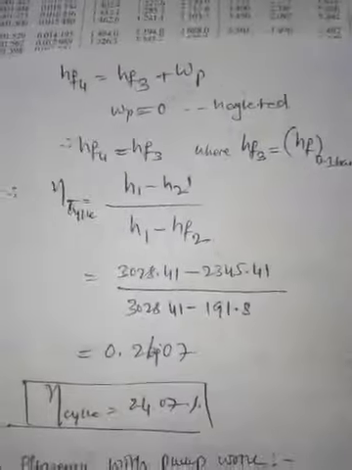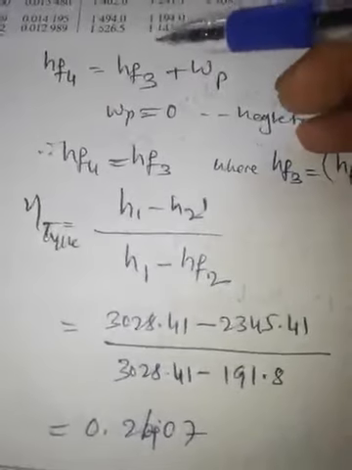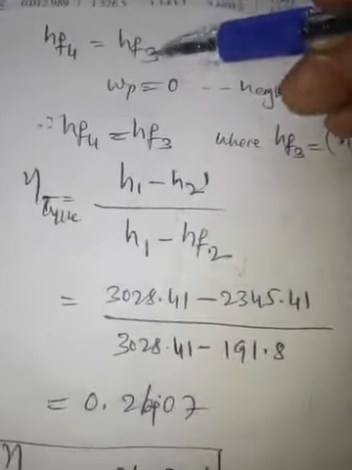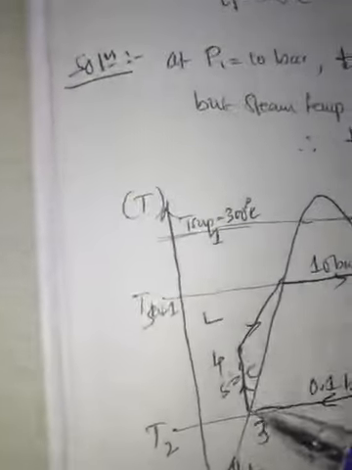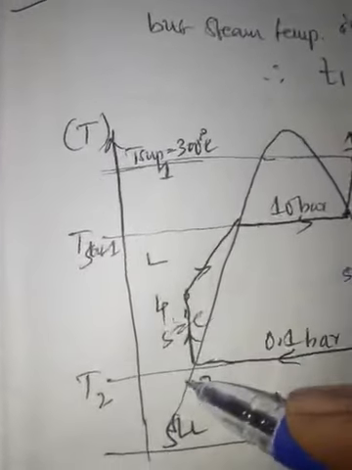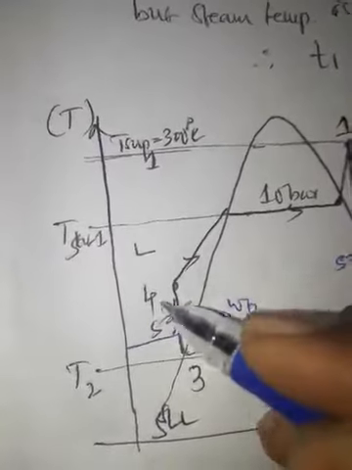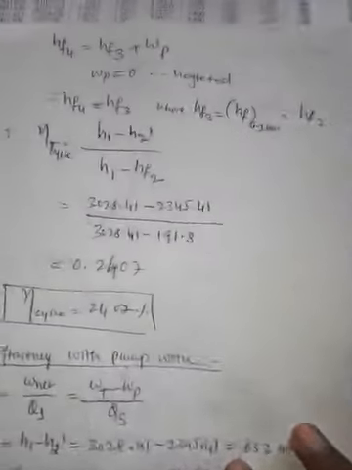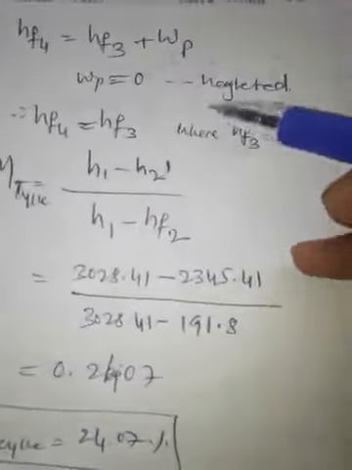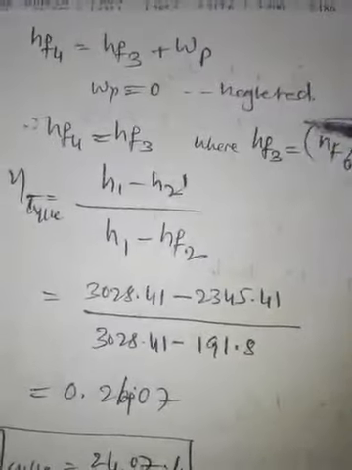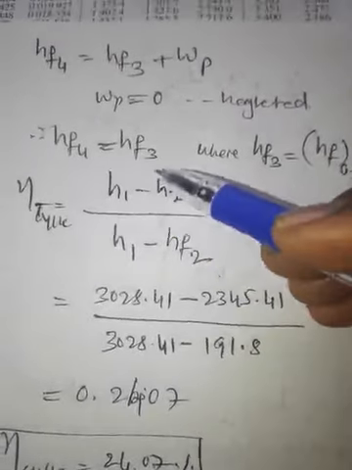Now let us think about HF4. HF4 is HF3 plus WP. But WP is 0, as we are told to neglect it. Therefore HF4 is equal to HF3.